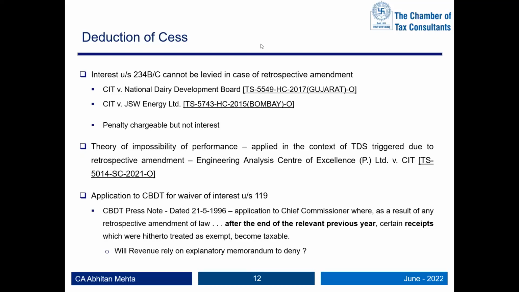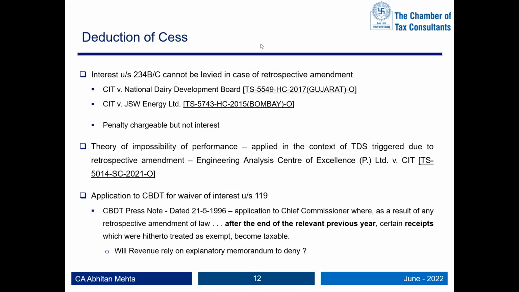That's precisely the point of the two High Court rulings: if a tax liability comes due to a retrospective amendment, you need not compensate for interest, because interest is for delayed payment. And here you didn't know that this liability would be fastened on you. So you don't have to pay.